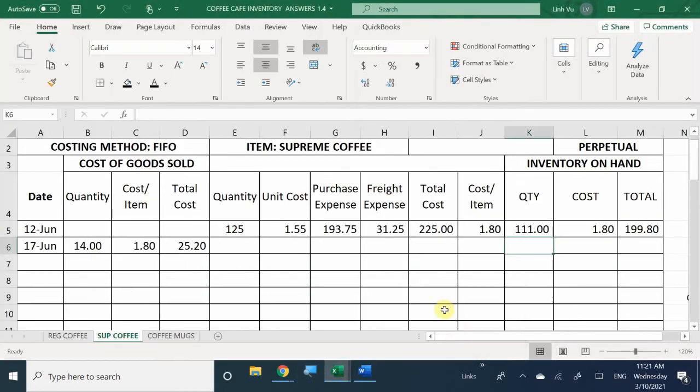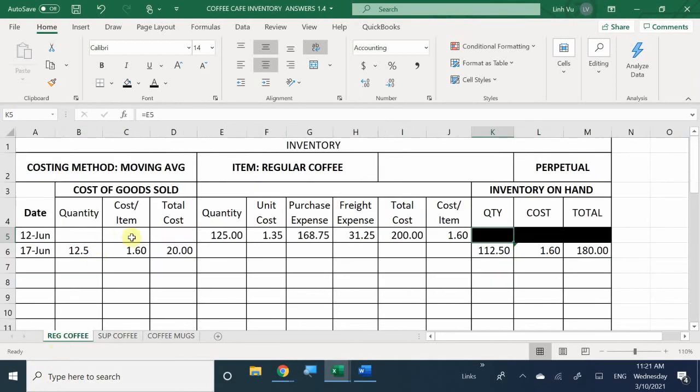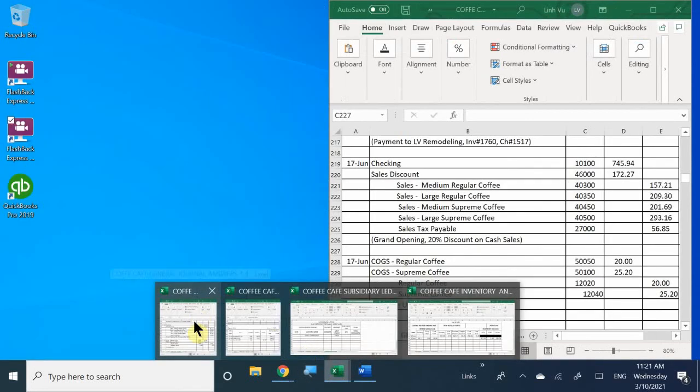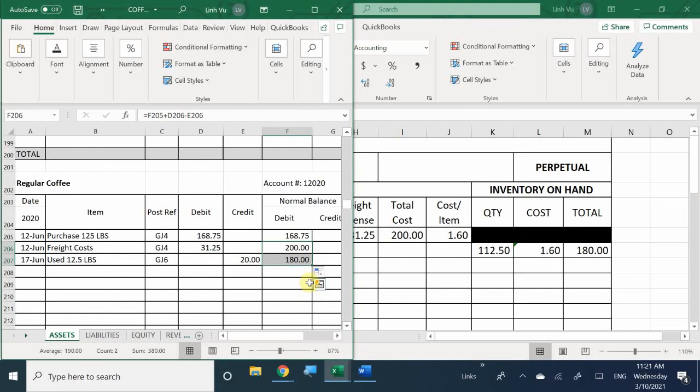We solved for the amount, and it says that for my regular coffee, I should end up with 180 left in cost. So again, this is your guideline or checkpoint to ensure that you did the inventory correct, right? If you got 180 here, then you should also get 180 in your general ledger. This is your proof that you did your inventory correct.